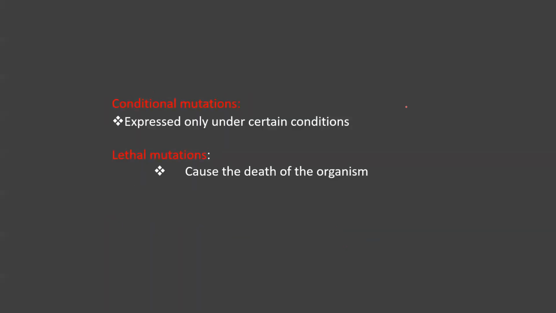All right. Then you have conditional mutations, which are expressed, as it says, only under certain conditions, all right? Which sounds kind of weird. Why would you have a mutation that only occurs under certain conditions? Let me give you an example that you are very familiar with, which of course is sickle cell anemia. The mutation in the sickle cell gene causes hemoglobin to become crystallized under specific conditions, which are conditions of low oxygen concentration.